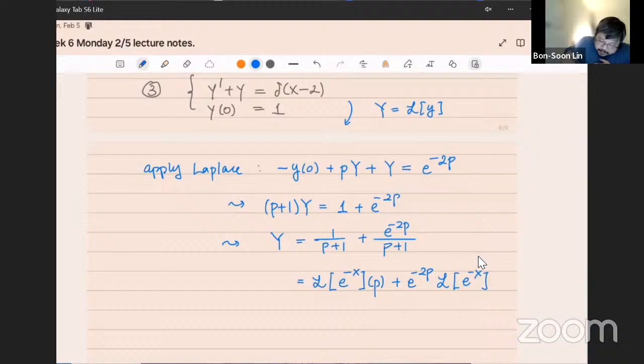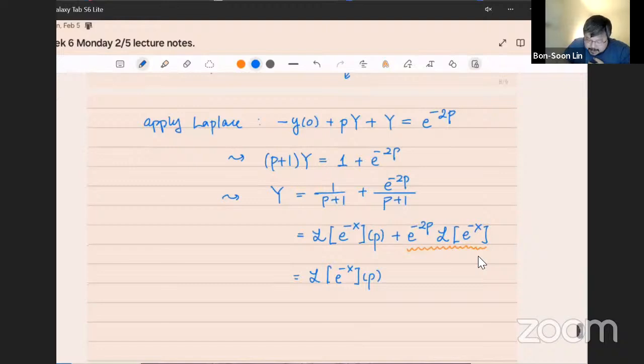Now, do you remember something that we talked about last week? To resolve this, we're multiplying the Laplace transform by an exponential on the outside. So do you remember what this becomes? Do people remember?